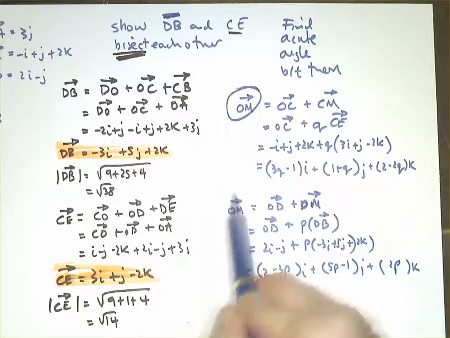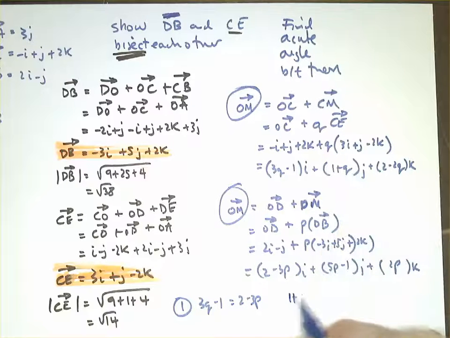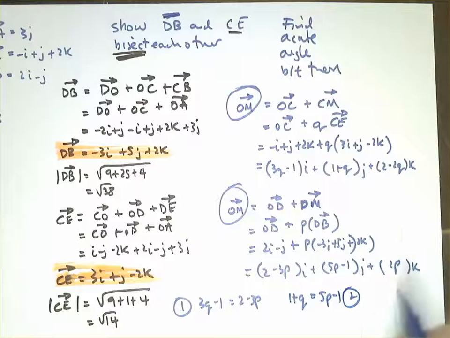Since O to M and O to M equal each other, therefore 3Q minus 1 equals 2 minus 3P. That's equation number 1. Reconciling the J's, 1 plus Q equals 5P minus 1, and reconciling the K's, 2 minus 2Q equals 2P can be my third equation.